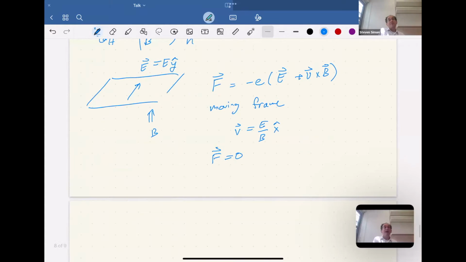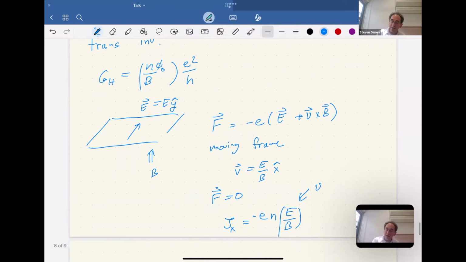And that means the current in the x direction is just the charge times the density times E over B. It's velocity, so this is just the velocity. So charge times density times velocity, maybe with a minus sign.